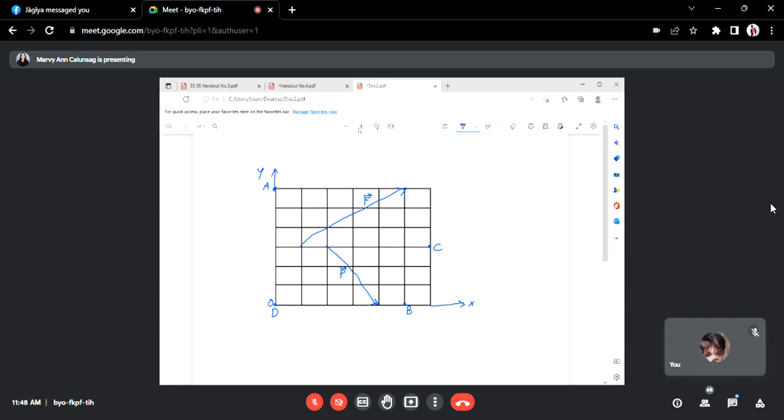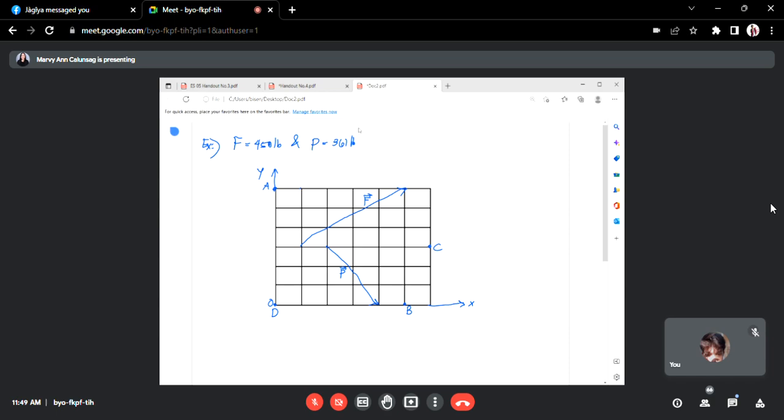In the figure shown, assuming clockwise moment as positive, compute the moment of forces F, which is 450 pounds, and P, 361 pounds, about points A, B, C, and D.